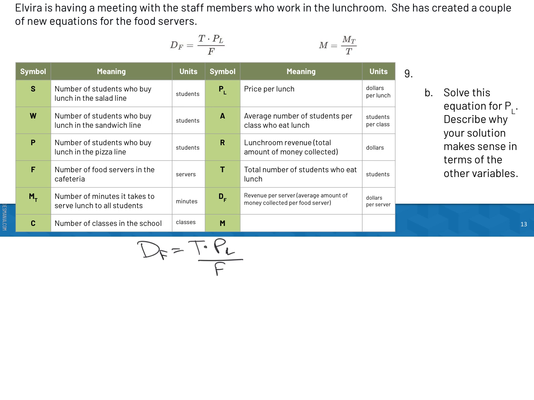F is dividing, so we're going to multiply, using the multiplication property of equality.